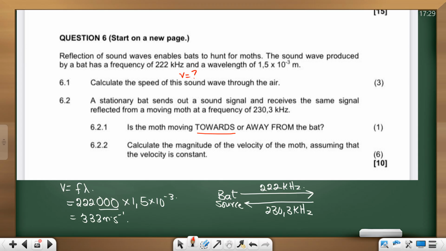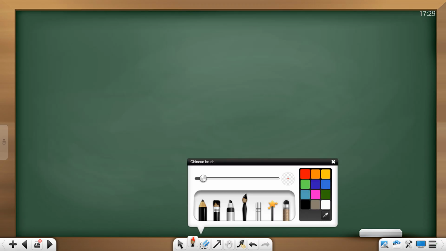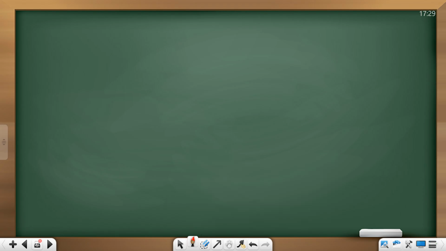Okay, let's try to create something here. We're looking at a bat and the moth. The moth is now my source, because the sound wave is reflected. The bat becomes the listener. Velocity is 0.